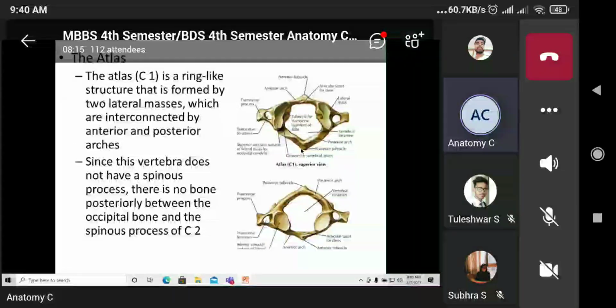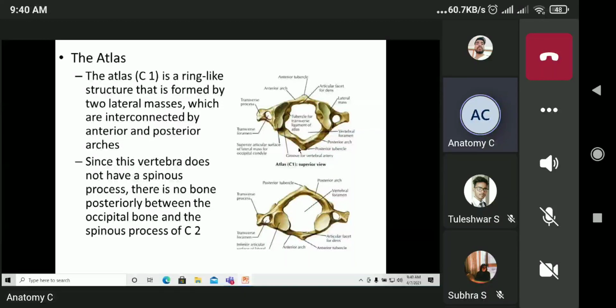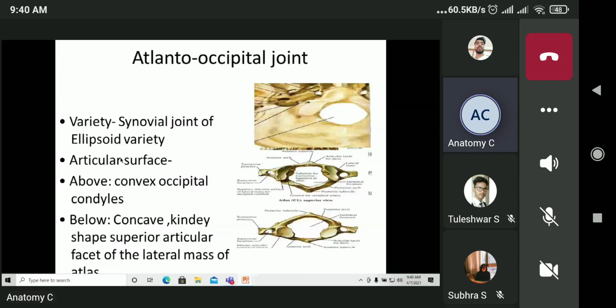Now the atlanto-occipital joint. It is a synovial joint of the ellipsoid variety. What are the articular surfaces? Above, you get the occipital condyle, and below, the atlas. Above is the convex occipital condyle, and below you will get a concave surface. Look here, this is convex, this is concave.